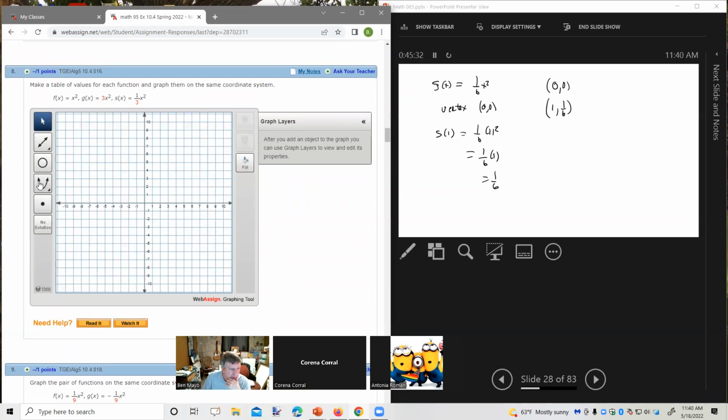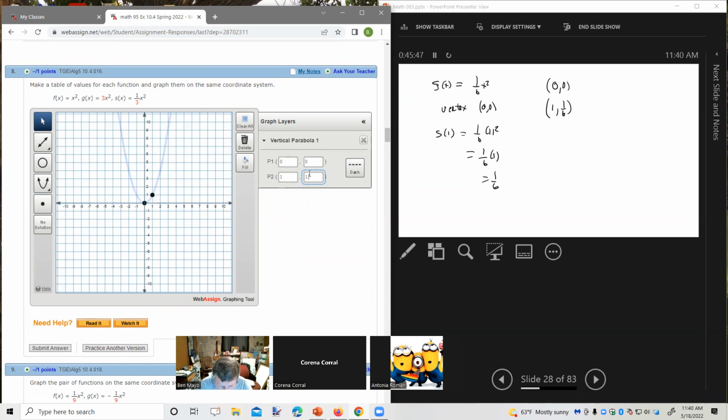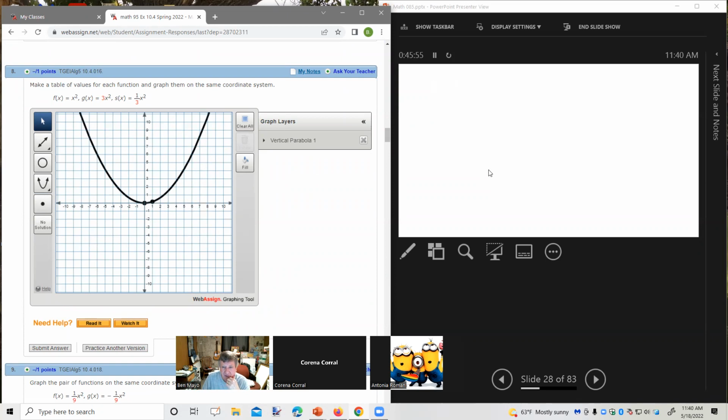So what I would do, I would plot the point 0, 0. Now to plot 1, 1/6, I'm going to go like that, and it's going to go down not where I want it. Okay, so I'm going to come over here, and I'm going to go there and put in 1/6. Okay, that makes sense. You good to go? Yes. All right.